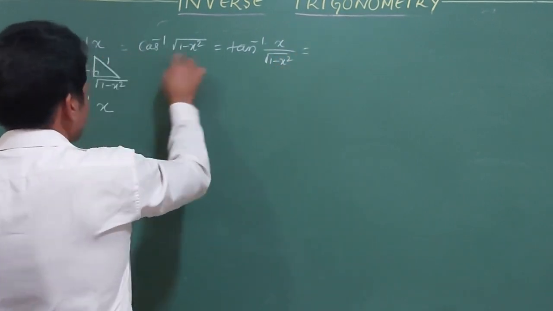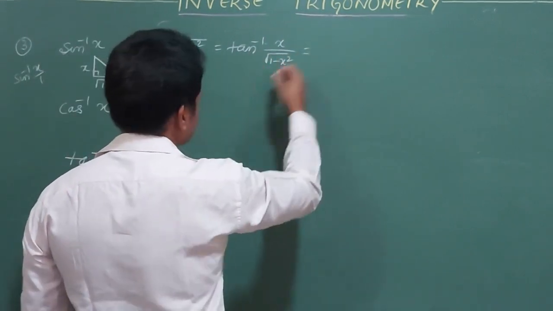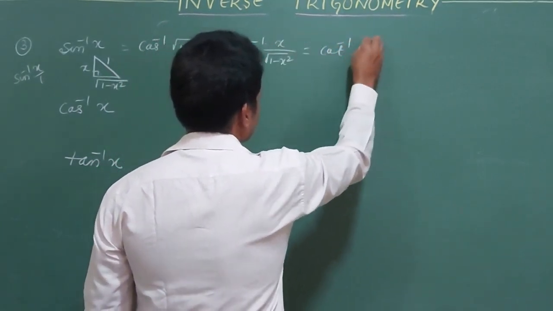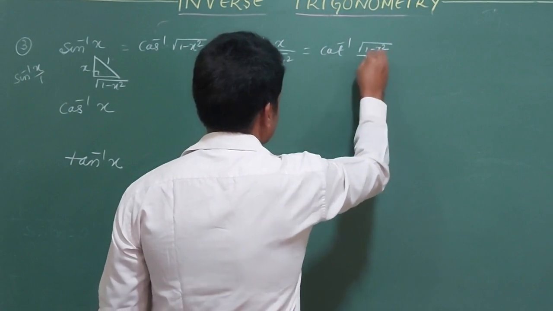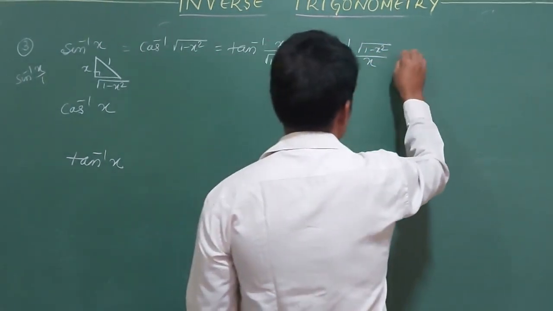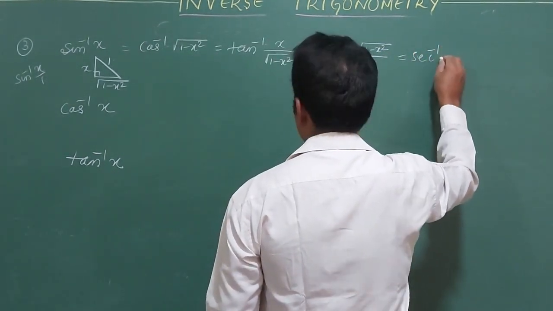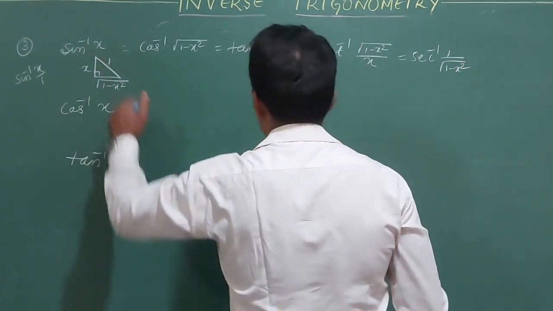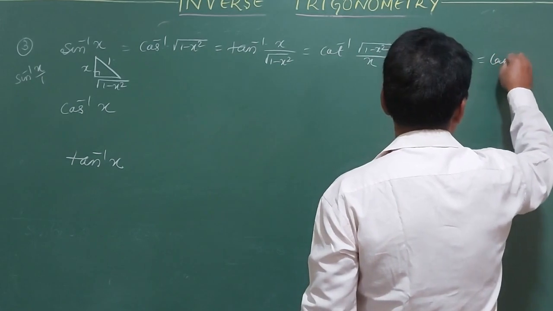Once you have calculated these three, there is no need to look at the triangle anymore. Cot inverse, reverse it. Sec inverse, reverse it. Cosec inverse, 1 by x. That's all.